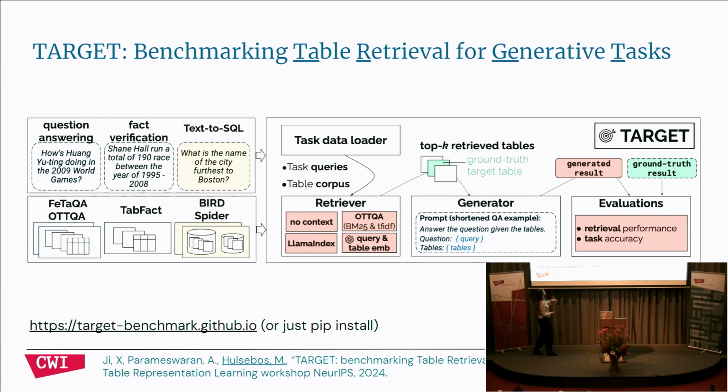It's very easy. We just take all the data sets out there for these different tasks. We have a bunch of retrievers integrated. We have a generator, with very simple prompts: just, given this table, generate me the answer. And then we have our evaluations consistent with the metrics used or proposed for these data sets and tasks.